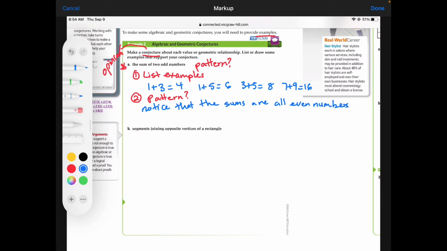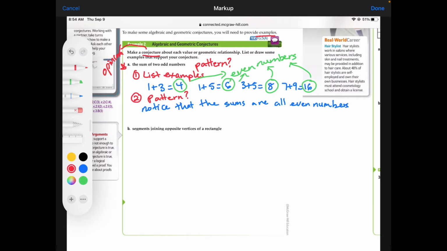Did you notice that? This is 4, an even number, even number, even number, even number. All of our answers are even numbers.